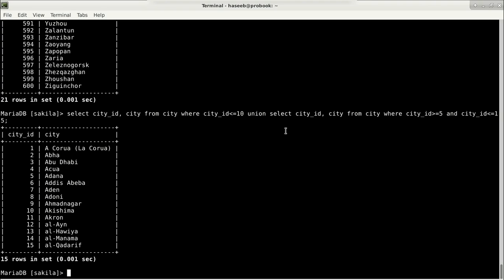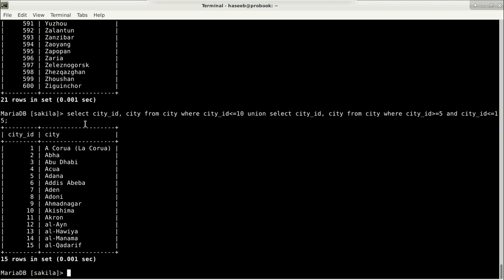Ultimately we only got 15 results instead of 20. Reason: the results of the two queries overlap, and when we take a union, the records that appear in both sets are taken in the final result only once.